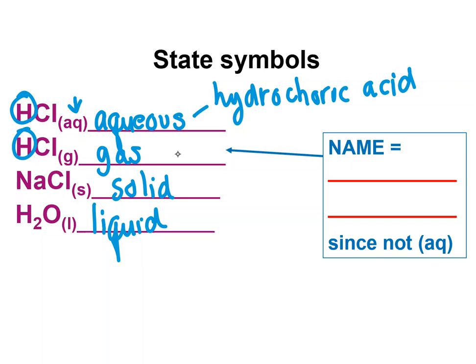But when it's not dissolved in water, as this one is, it's in the gas phase, you're going to name it according to our other rules. It is a compound made of non-metals, and so you just say hydrogen chloride.